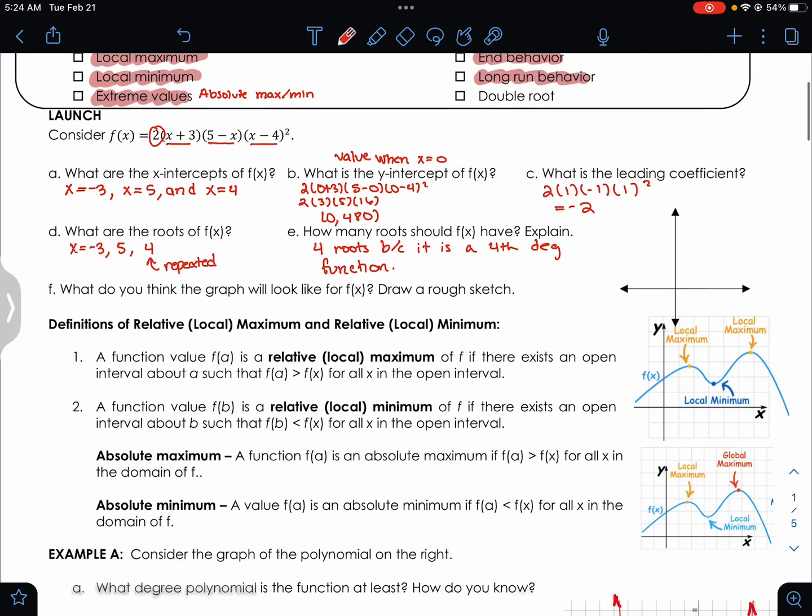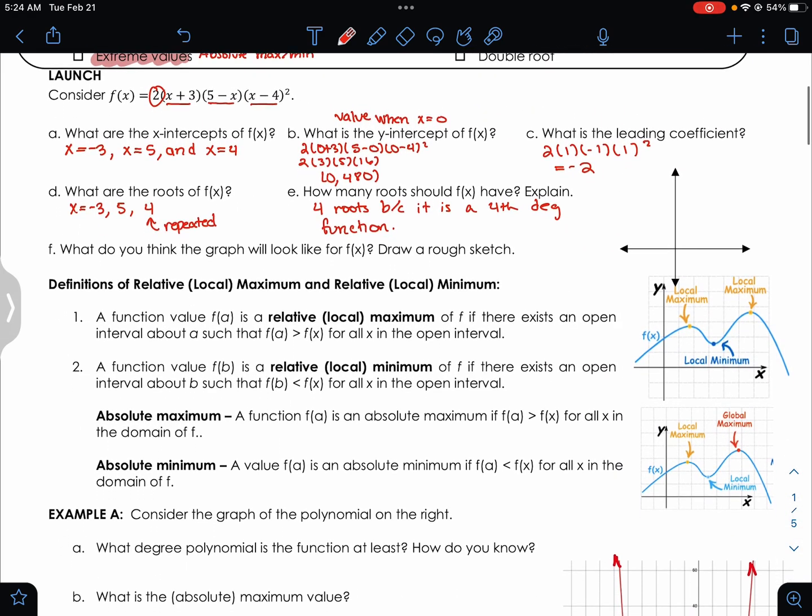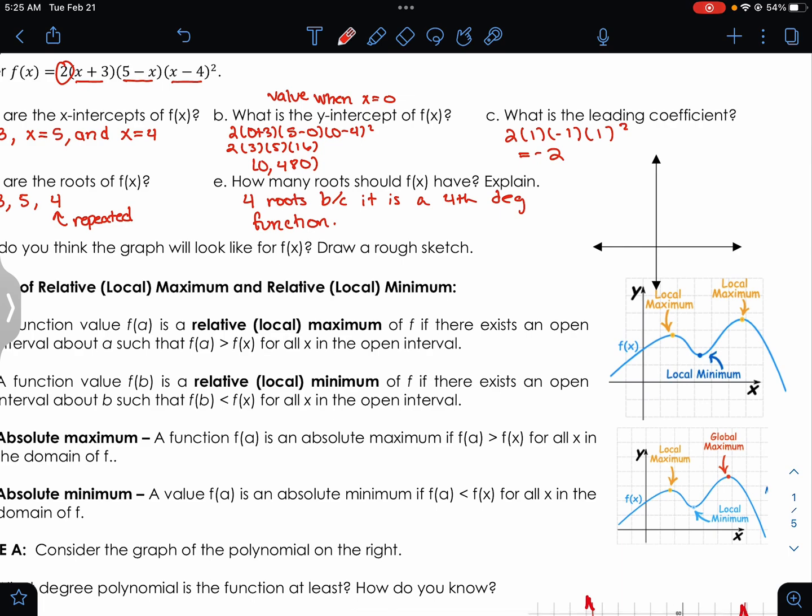So if we were going to take a look at how to draw this or sketch this graph, we'd have to make sure we put our x-intercepts on there. So -3, 5, and 4. So we'd have -3, and then 4 and 5. And our y-intercept would be 480, so somewhere way up here. Again, this is just a sketch. And so we'd look at this and we'd see that it would look something like this.